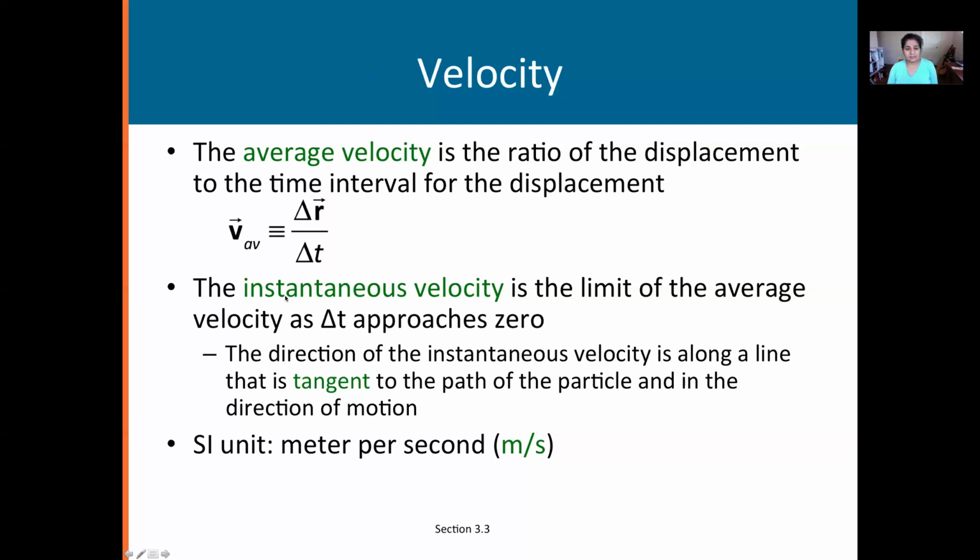If I want to know the instantaneous velocity, I need to take this in the limit as delta t tends to 0. Yeah? You will not be asked to calculate that mathematically, but you should understand that graphically that represents the tangent at the given point, the given instant in time. And its units are then going to be meters divided by the unit for time, seconds, so meters per second.